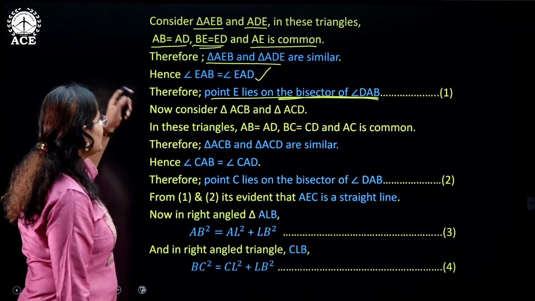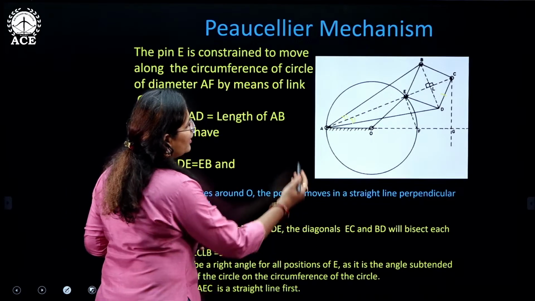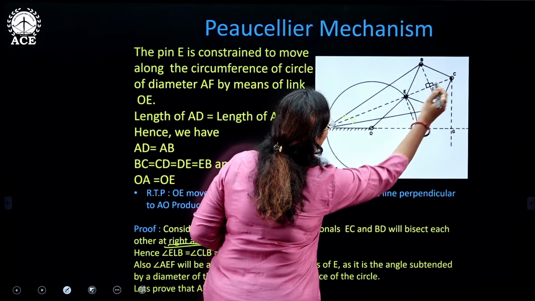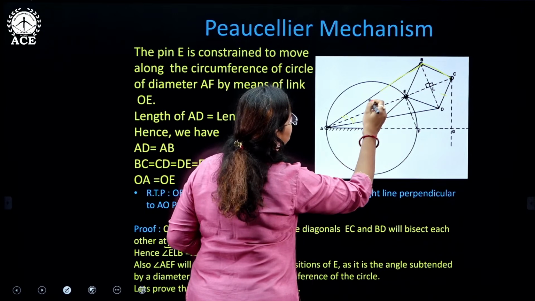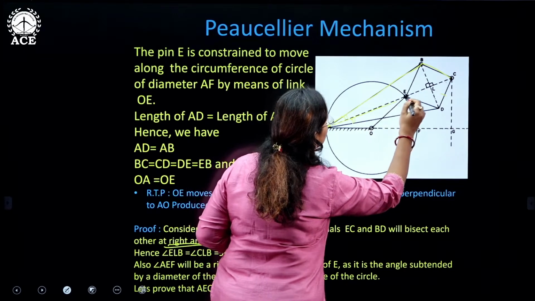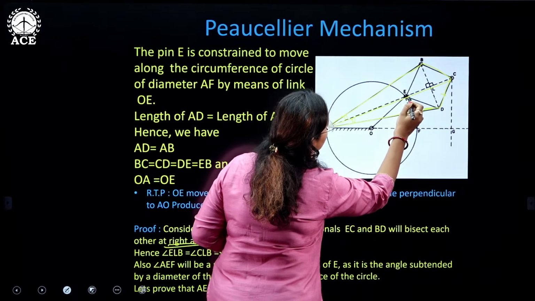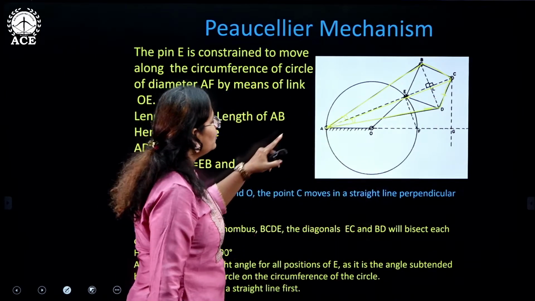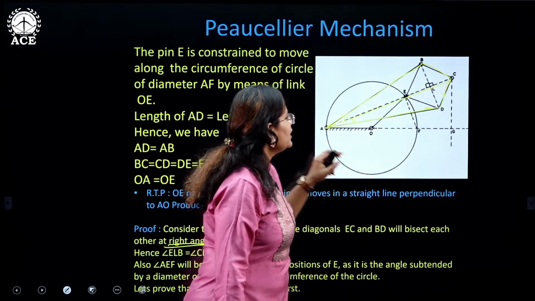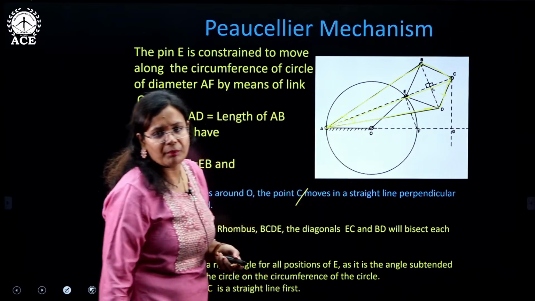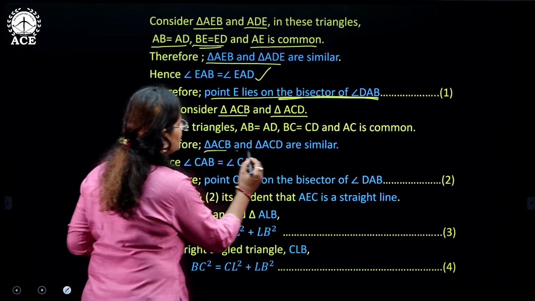Okay? Now again consider the triangles ACB and ACD. Let us see what they are. This bigger triangle ACD, and this bigger triangle ACB. In this also, again, AD is equal to AB, BC is equal to CD, and AC is equal to AC, again common. So by these three conditions, again those two triangles are similar.